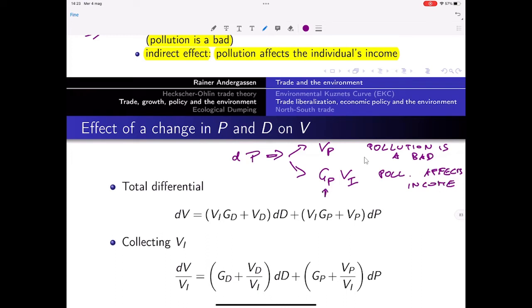This is the first effect: pollution affects your technology set. It would be P affects G, but clearly G is income, and income affects your utility. Therefore, it affects income through production.